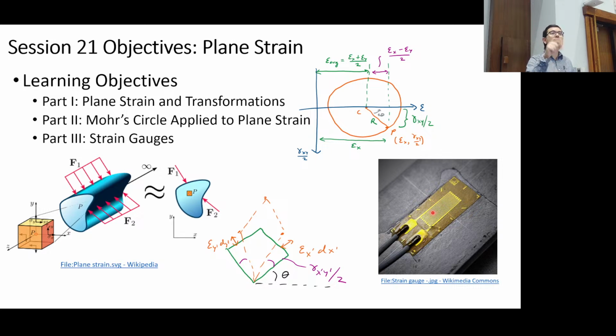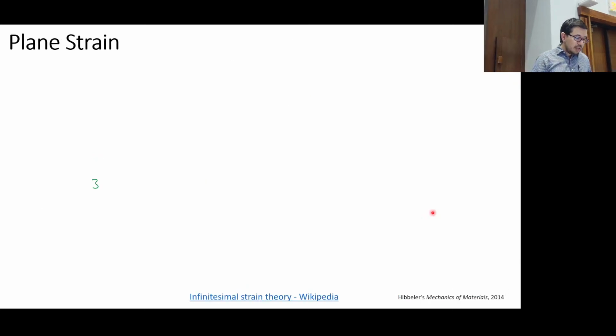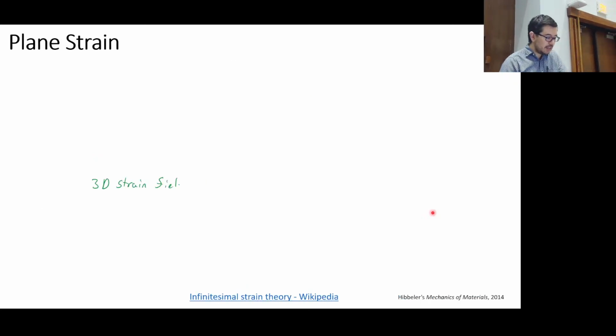All right, so let's continue now and get into the details. Plane strain is going to be a representation of the state of strain, and it refers to a particular type of condition.